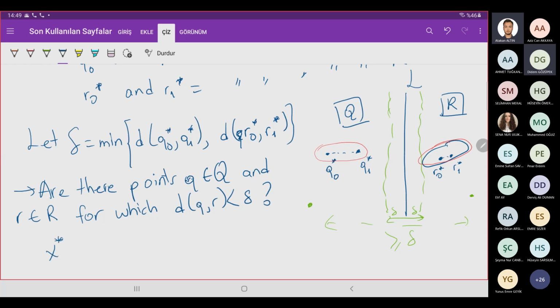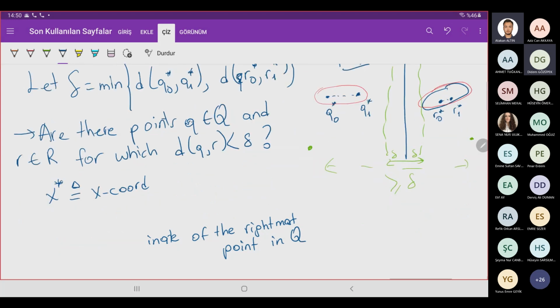X star is the X coordinate of the rightmost point in Q, okay?